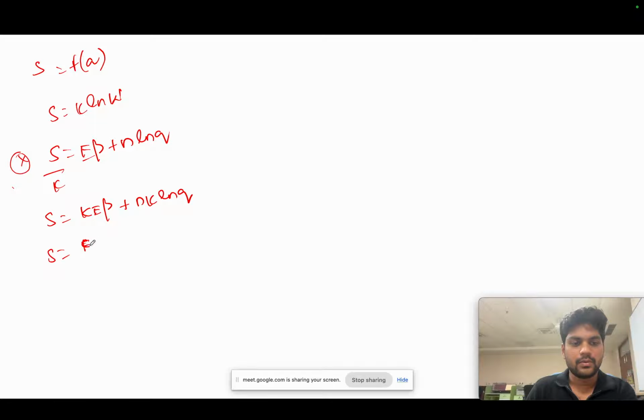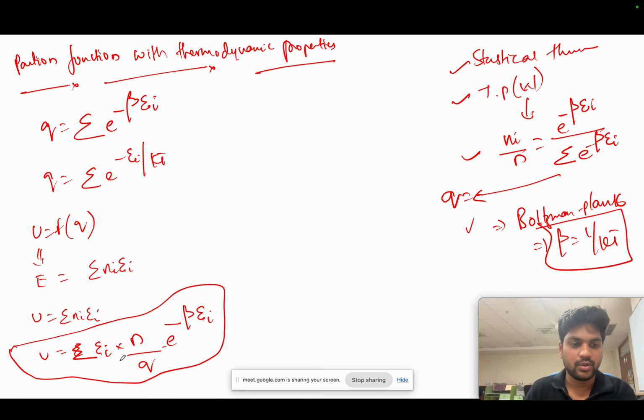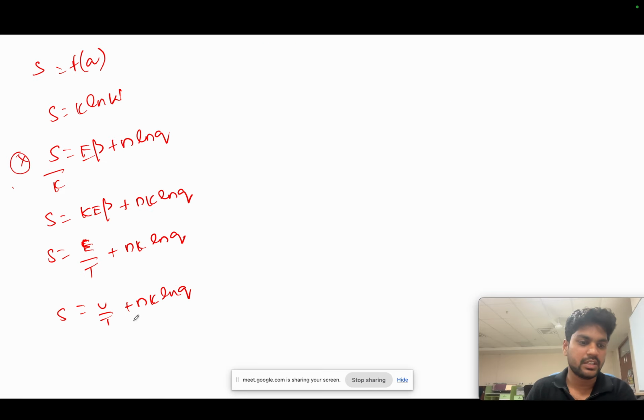So we have E by T plus Nk ln Q. So you can take the U formula from here, then again you can keep it here, so you will get the same thing.